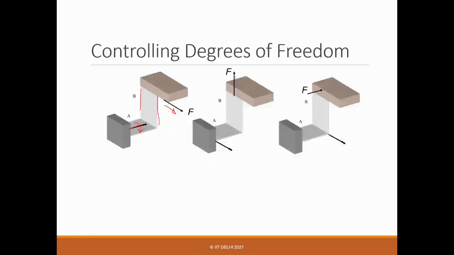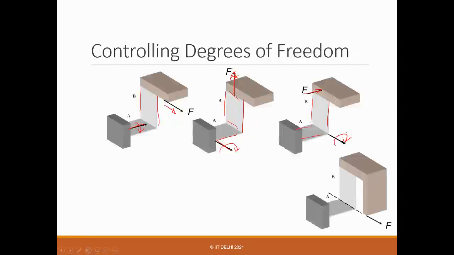Similarly, if you apply this force, again this is along that plane, nothing will happen, it's very stiff, but this one will again get twisted, right? Similarly, if you apply this force, both can deform, and that's why equivalently you get this rotation at this axis.